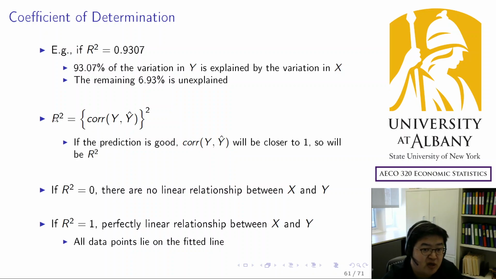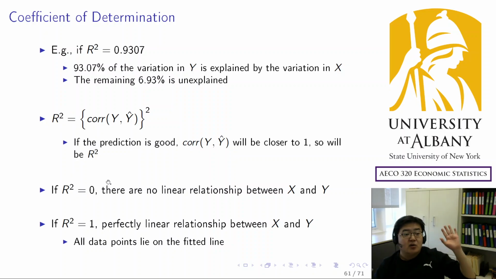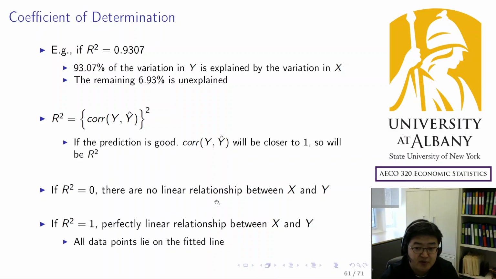That's why we denote it as R square. If R square is 0, that means 100% residuals. There is no linear relationship. Or if R square is 1, in the other extreme, that means there is a perfect linear relationship between x and y, so all the data are perfectly lined up.